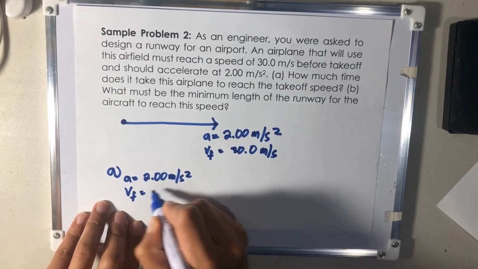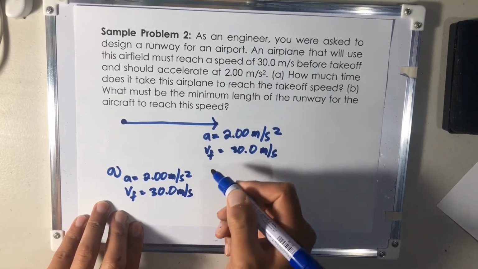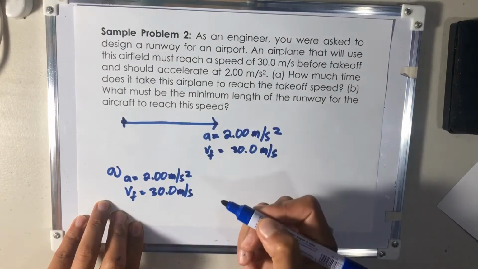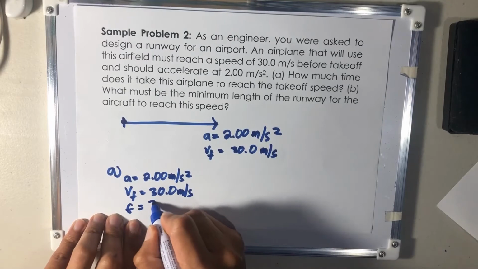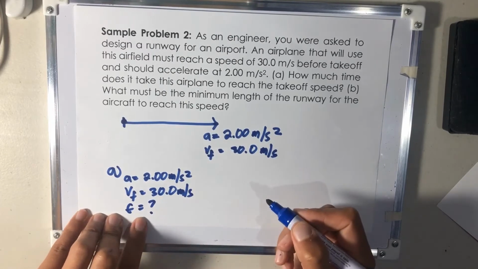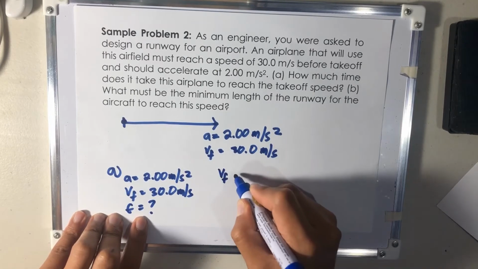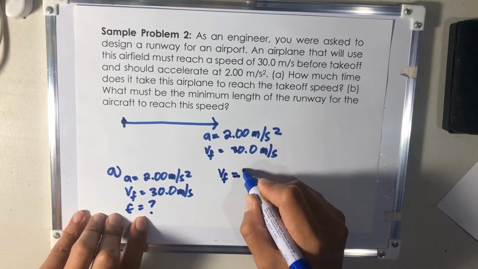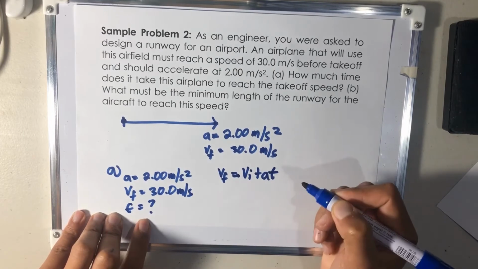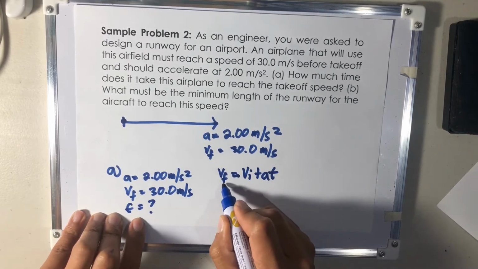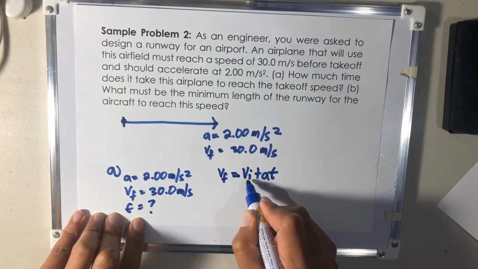Final velocity is 30.0 meters per second. And we know that the airplane will start from rest. And then we are tasked to solve for time. In the formulas that are given to us, we have the formula Vf is equal to Vi plus at. We know the final velocity, we know the acceleration, we know also this one.